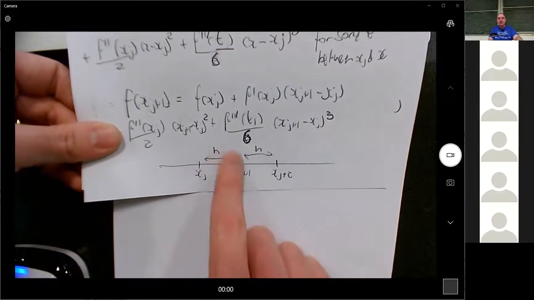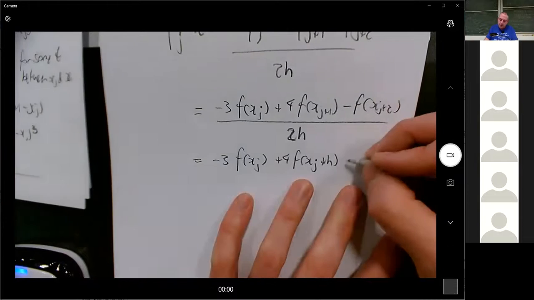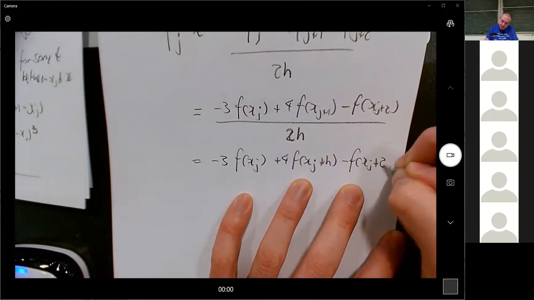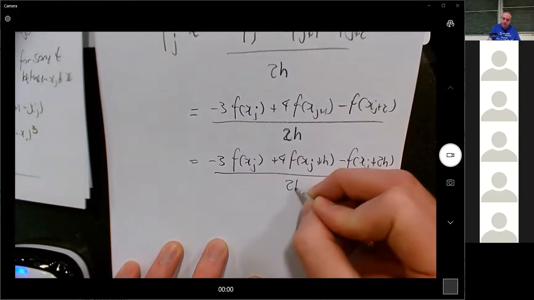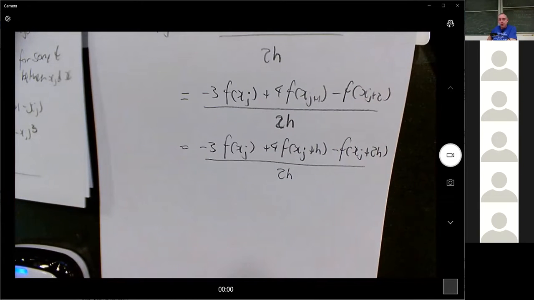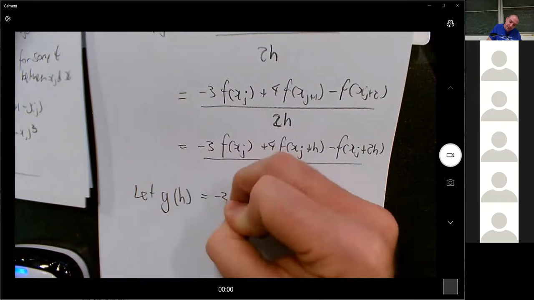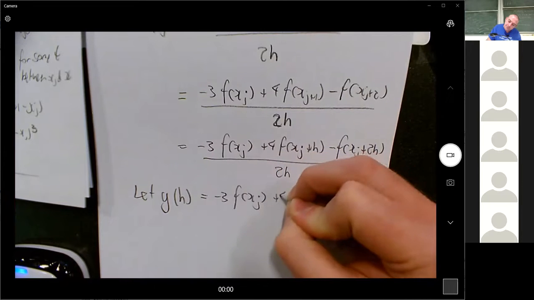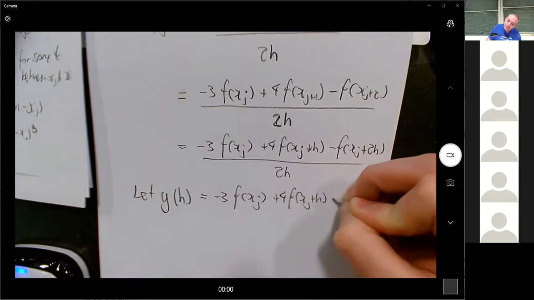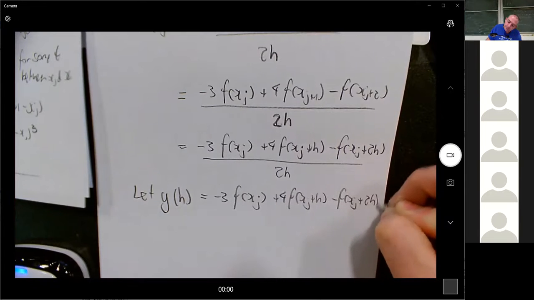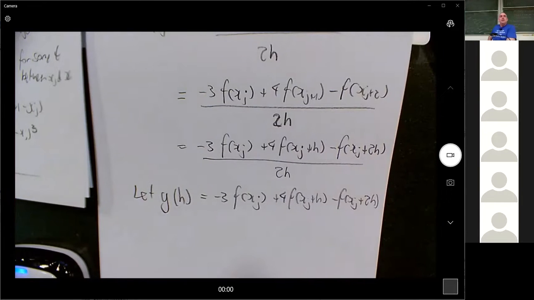And this is f of xj plus 2h. And so, if xj is a constant and h is a variable, this is a function of h. Let g of h be this function. And let's do Taylor's theorem for g.